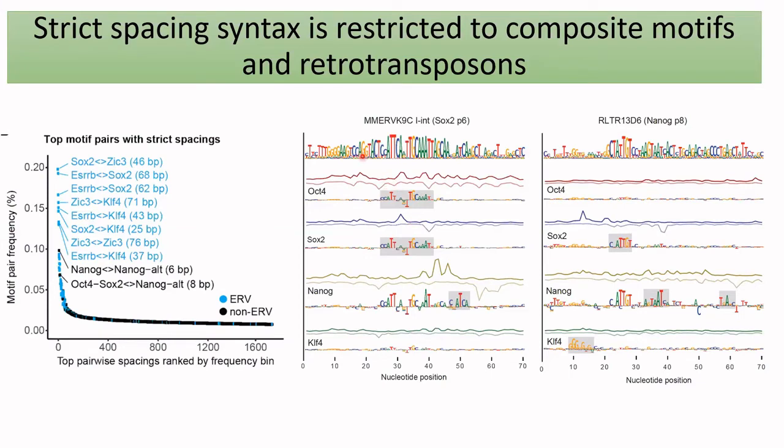But what's nice is even within these retrotransposons, we can take each of the transcription factors and really dissect the precise nucleotides within the retrotransposon that are bound by the TF of interest. So you can see KLF4, Nanog, Sox2, Oct4. And this again highlights the difference from a position frequency matrix, because a position frequency matrix just shows the entire retrotransposon, right?